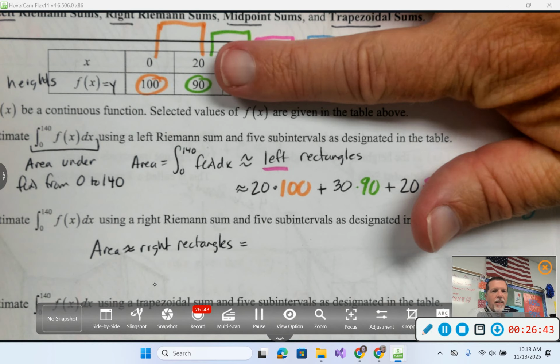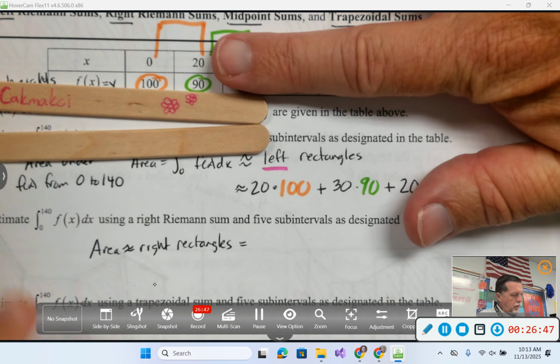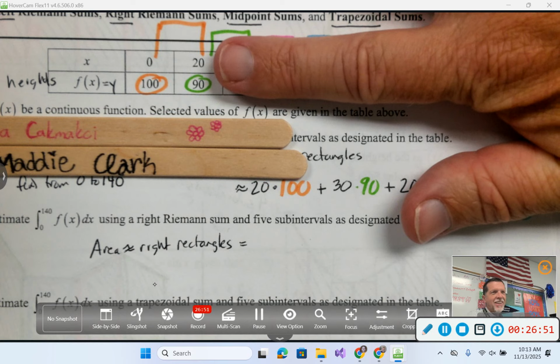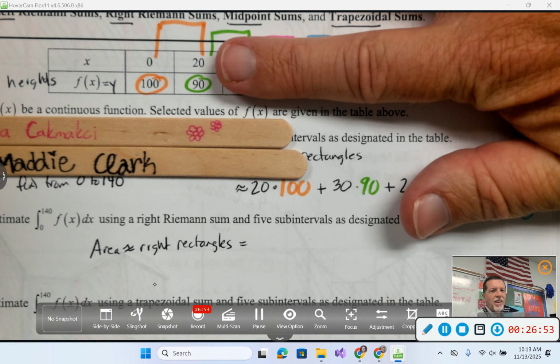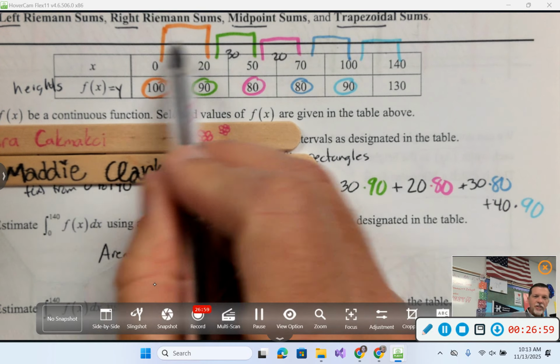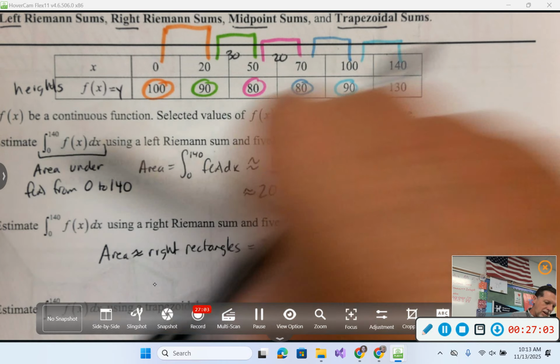So that first rectangle. Let's see if we can do it without colors. I bet we can. Laura, what's the width of the first rectangle? 20. Maddie, which height should I use? 90. Why 90? Because it's on the right. So there's still a first rectangle, but it's 20 times 90.